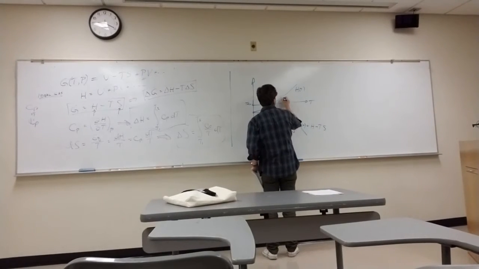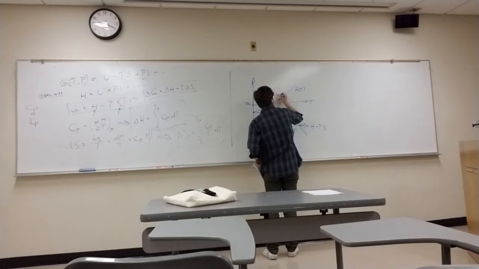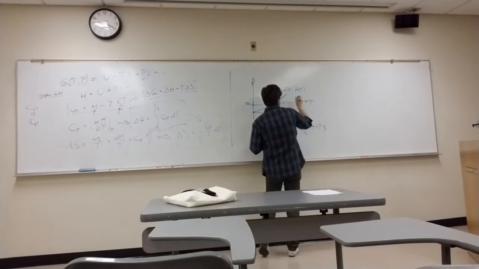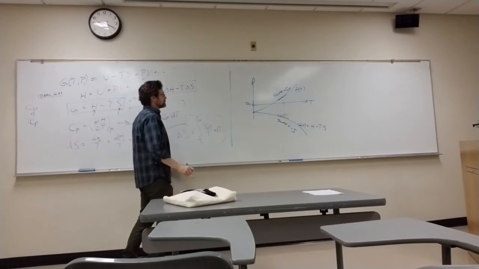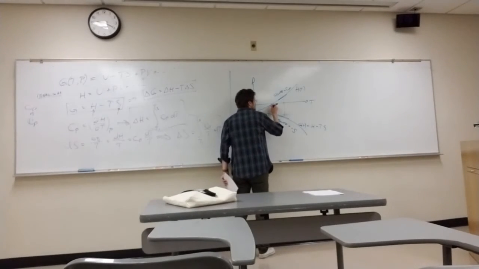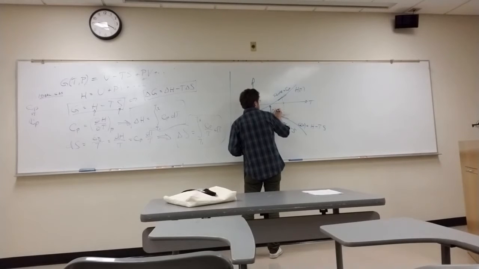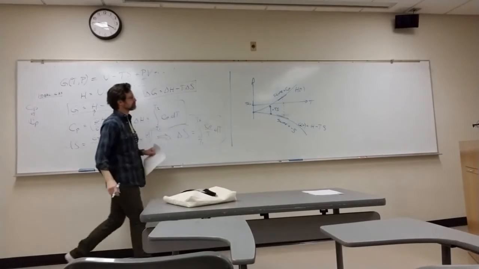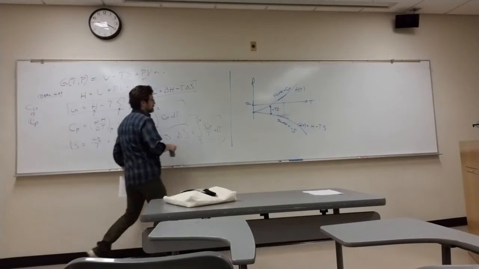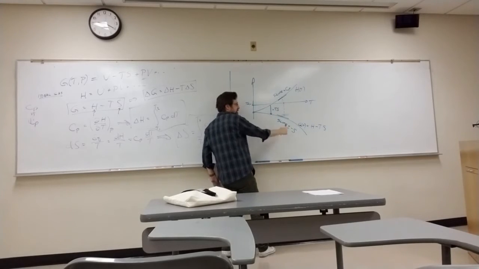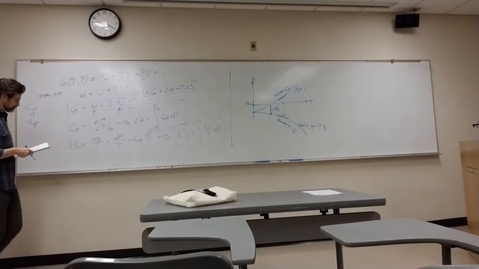So here, slope is the heat capacity. And we also know that the distance between those two is equal to negative Ts. H minus Ts gives you the free energy.